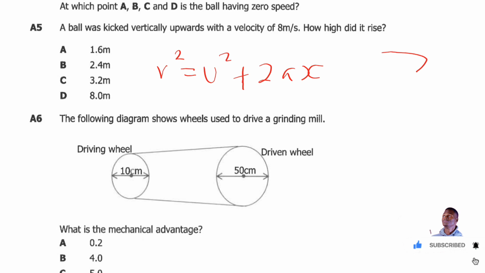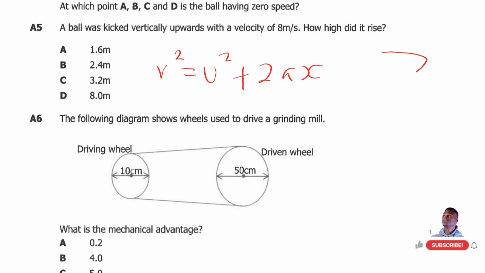Let's substitute v squared, which is the final velocity. When you kick a ball vertically, it is supposed to be 0, that is what we call zero speed.